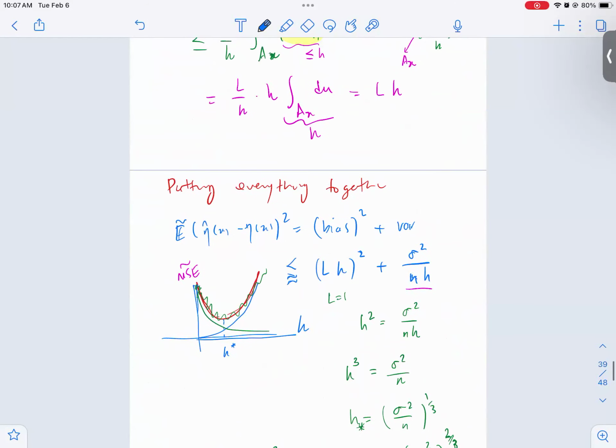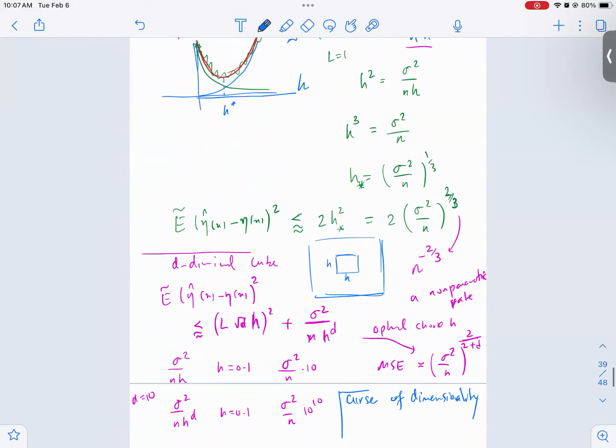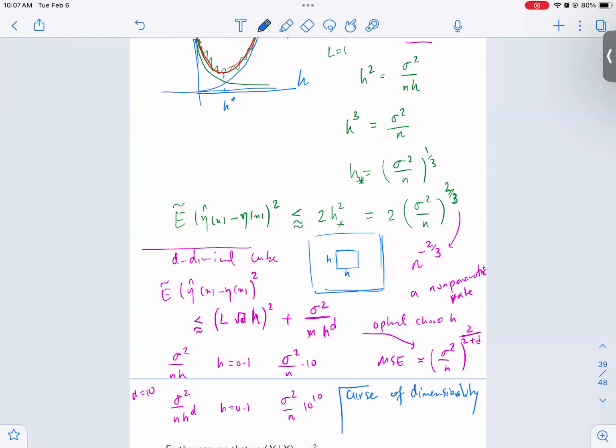I want to go back to this idea. If you recall, one of the issues that arises in local averaging, especially in the partitioning that we did, is this curse of dimensionality that we saw, suggesting that as dimension grows, so the number of features, especially in the continuous case, then the variance suffers greatly, and the performance suffers as a result.